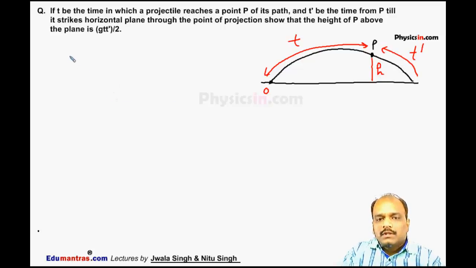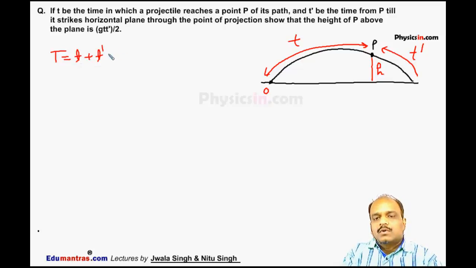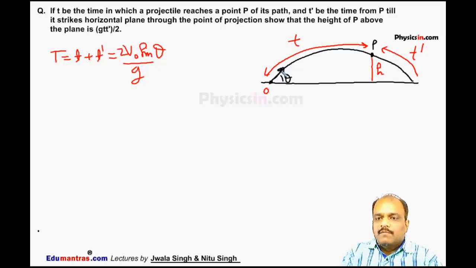So we can say the total time of flight, which is equal to t plus t dash, is equal to 2 v naught sin theta by g. Let this angle theta be the angle of projection and v naught is the speed of projection.